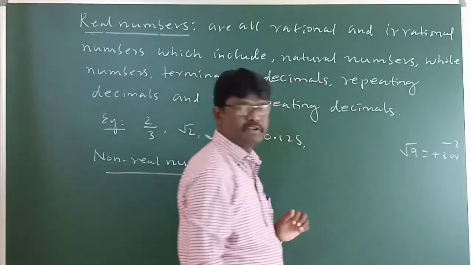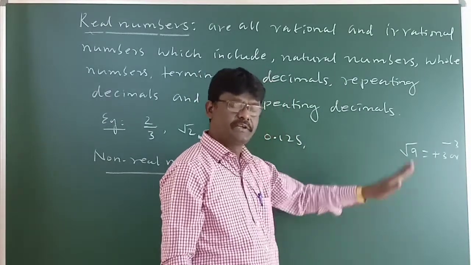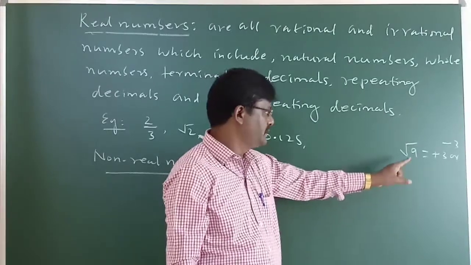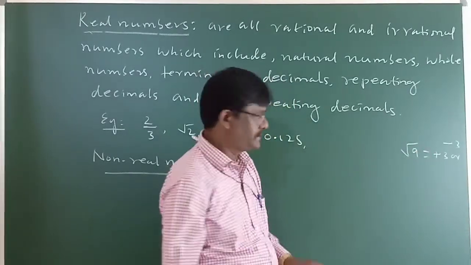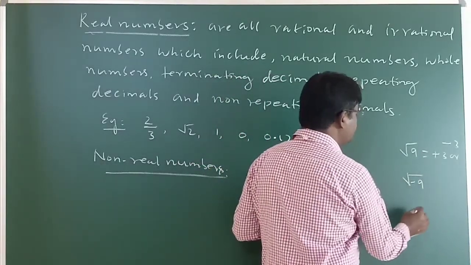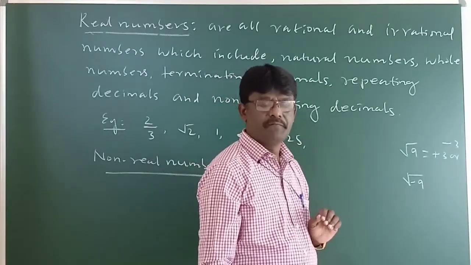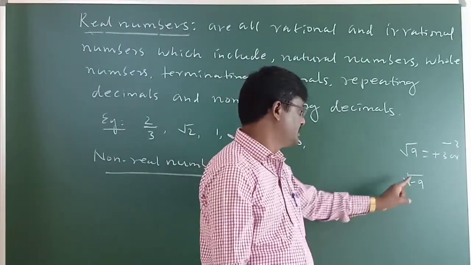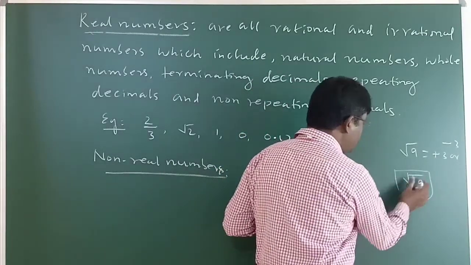Why? Plus 3 into plus 3 gives plus 9, and minus 3 into minus 3 gives plus 9. That's why root 9 is plus 3 or minus 3. But if we take the square root of minus 9, the product of the same number will never result in a negative. Hence, the square root of a negative number.